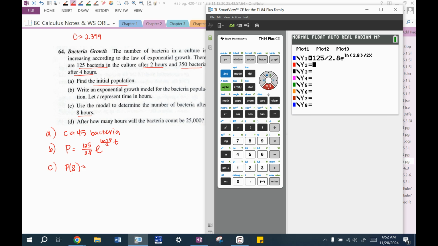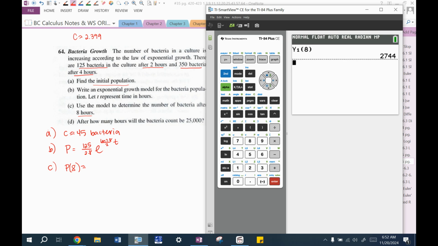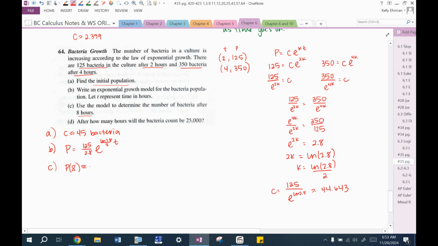And then if I want to evaluate P of 8, I can do alpha trace of 8. So 2744 bacteria. That's after 8 hours. It's a lot.